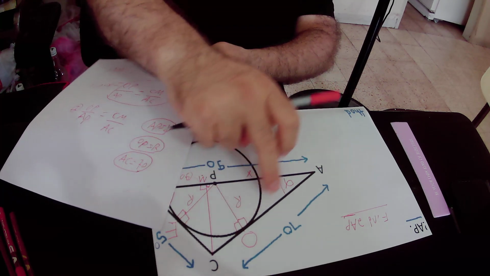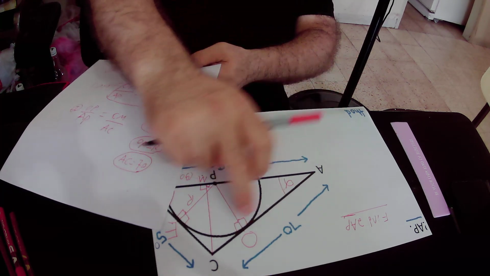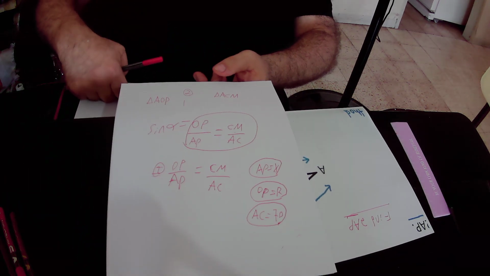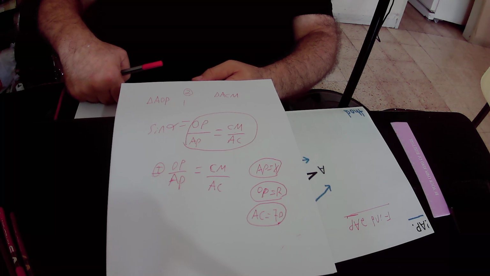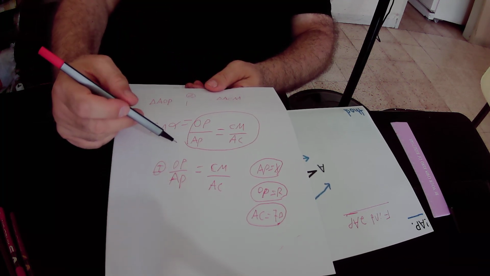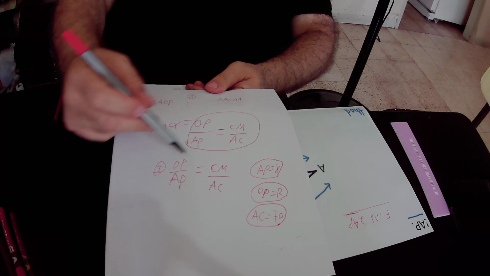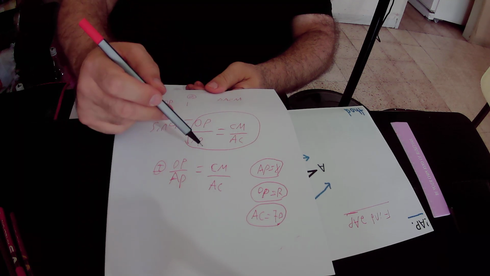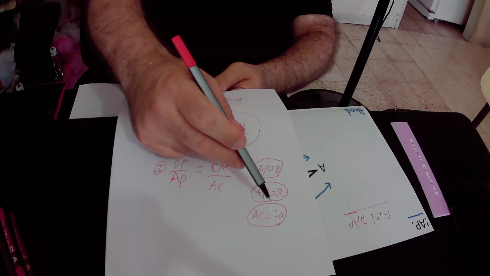And side AC of the triangle ABC equals 70 units. Okay, so now we can substitute OP by R, AP by X, and AC by 70.